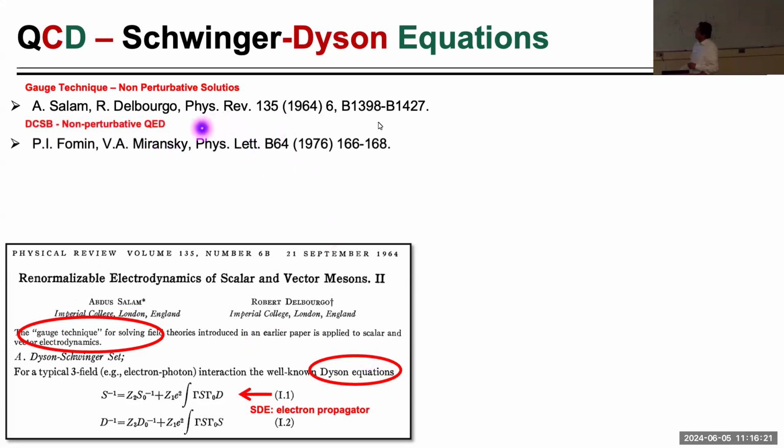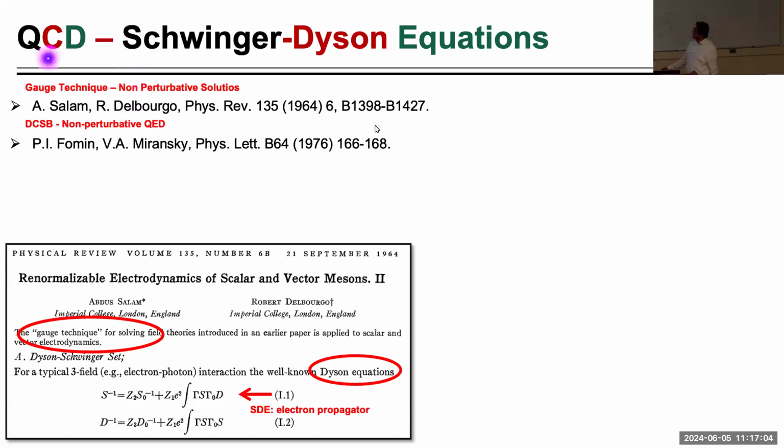Then there was work by Vladimir Miransky and his collaborators. They imagined what happens if you're working in quantum electrodynamics, but with a different coupling. We know that the coupling constant at the momentum scales at which we probe quantum electrodynamics is about 1/137. At the Z boson mass scale, I think it's 1/128, but still it's very small. Well, what happens if you imagine a quantum electrodynamics where instead of 1/137, there is a universe in which we have a large coupling?